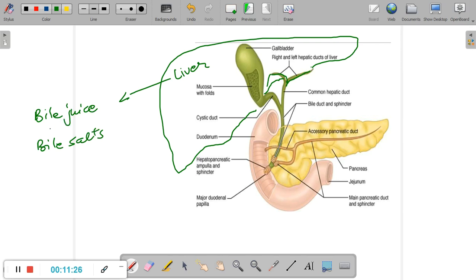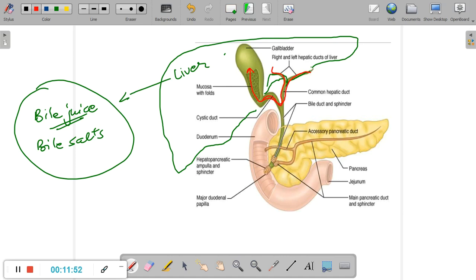Now the bile juices are rich in, we'll talk about these. Let us not talk about what they are rich in, but rather simply what their function is. Now the liver makes bile juices and bile salts, and both are transferred by the liver, and let's use a red marker, into the gallbladder.